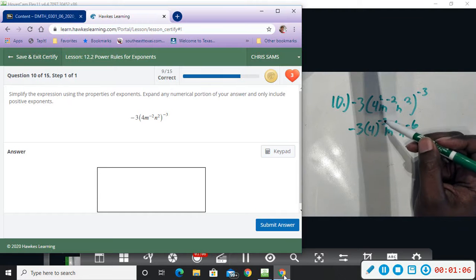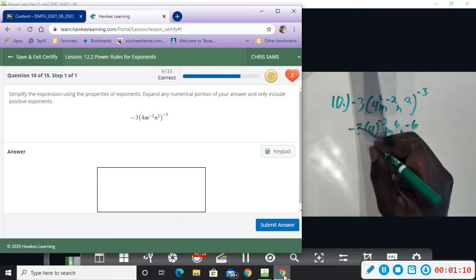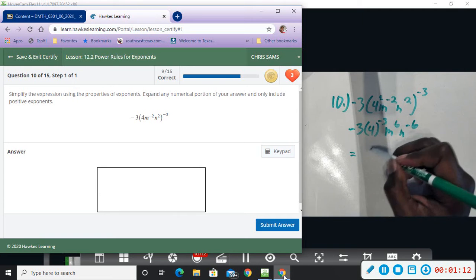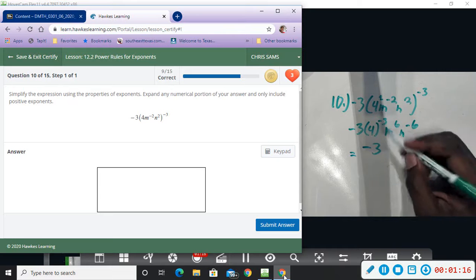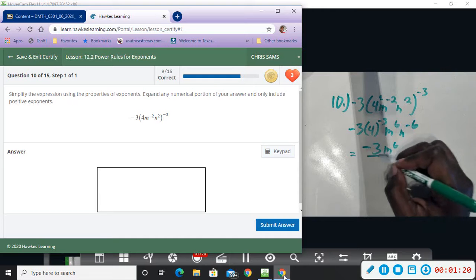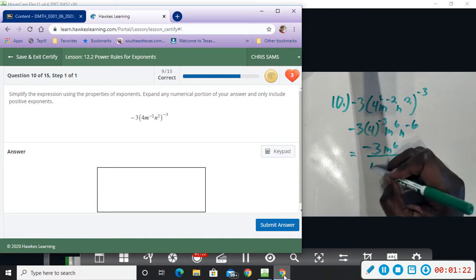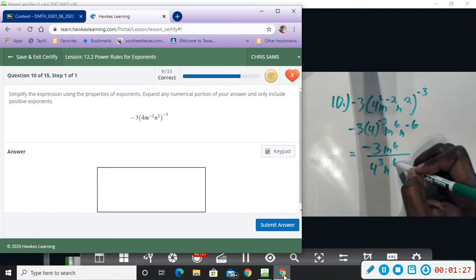Then the negative exponents we're going to move down to make them positive. So this -3 does not have a negative exponent, it's just a negative number, it stays. M to the 6th will stay. On the bottom we're going to move down this 4 to the 3rd and n to the 6th.